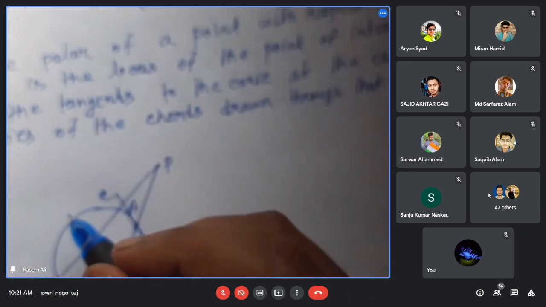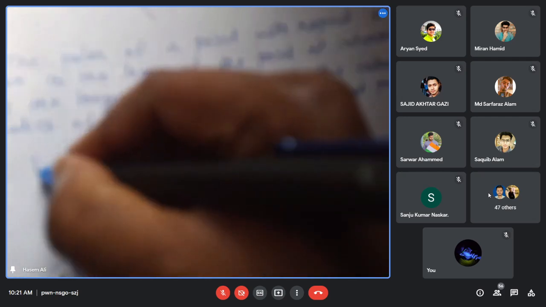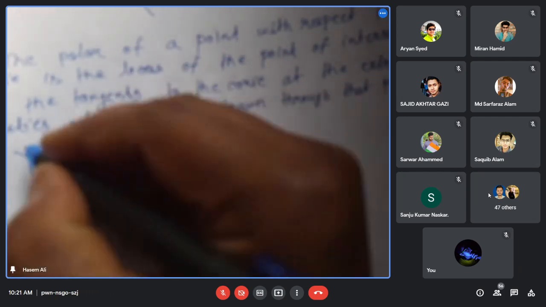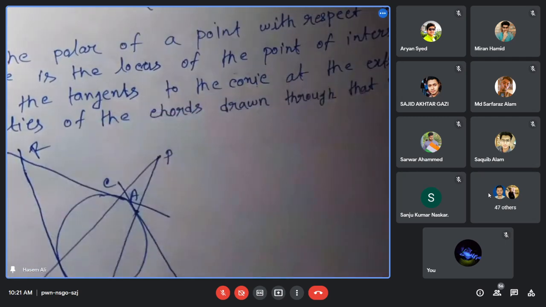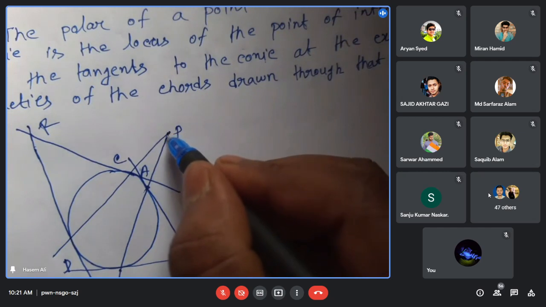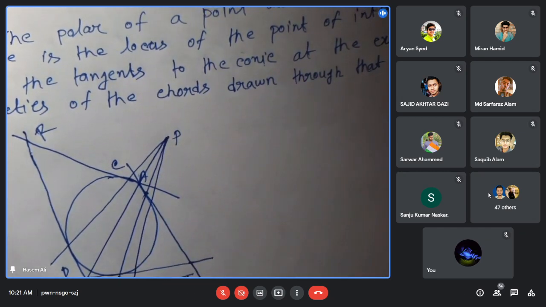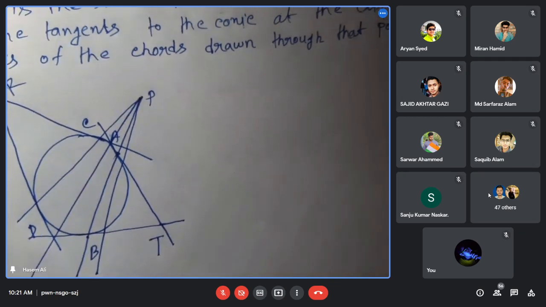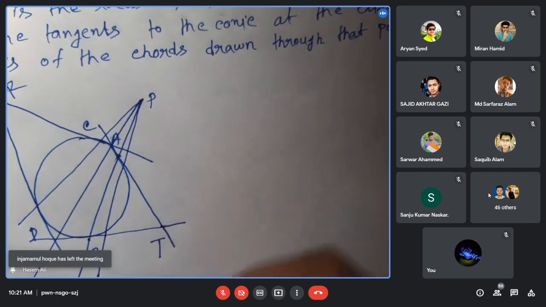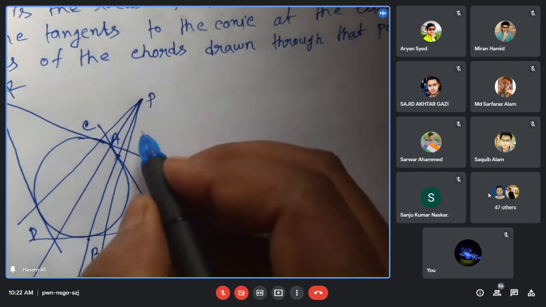Then we draw another two tangents. This is our R. So if we vary the chords, we will get two tangents for each chord, and then we will get each intersection point.